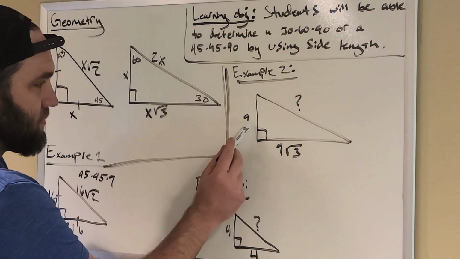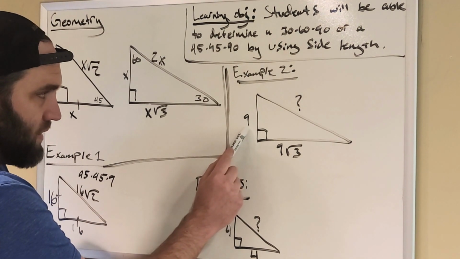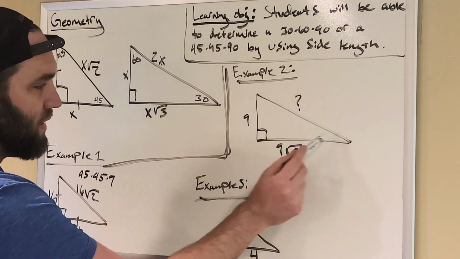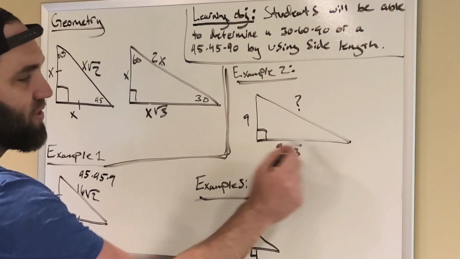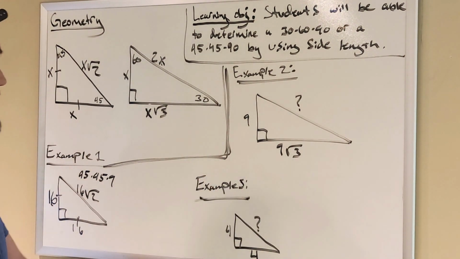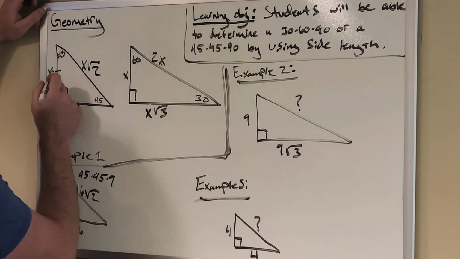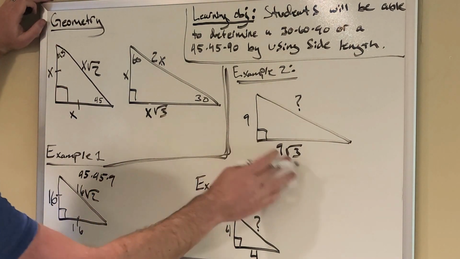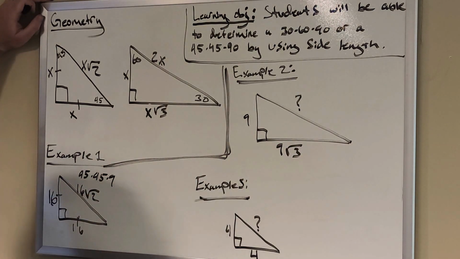Here, I have a short side. I have the long side that I don't know. And then I have the third side that's the short side times the square root of 3. Okay, so these two legs aren't the same, it's showing me right here, because they're both not 9. They would both have to be 9 for them to be the same.